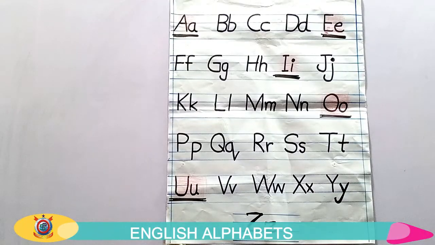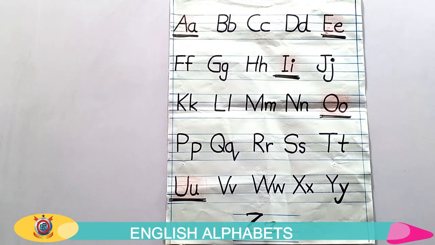Now look at the page. What is there? What did I write here? These are all alphabets. Do you know about alphabets? Yes. And do you know how many alphabets there are? There are 26 alphabets. Okay? Now read with me.